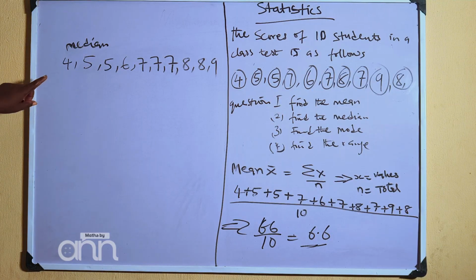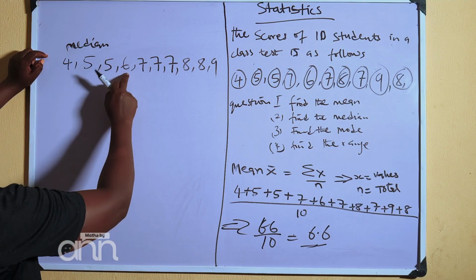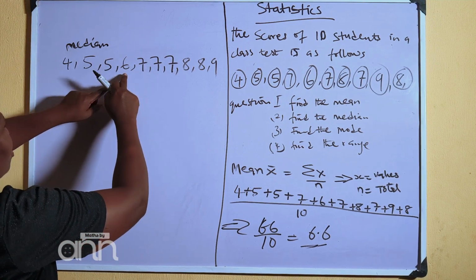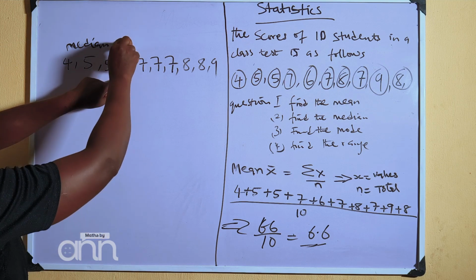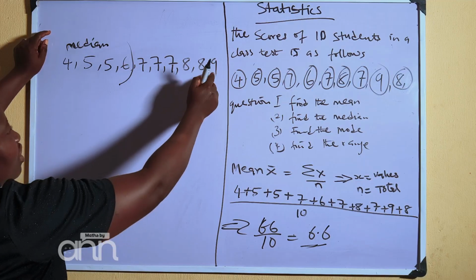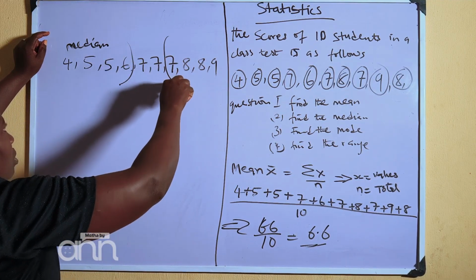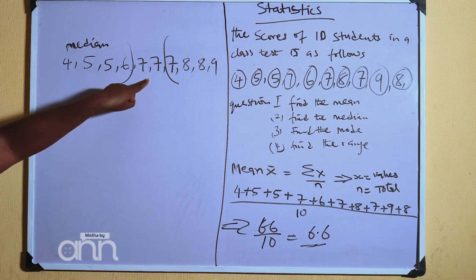Now, let's start counting and see whether we are going to get the middle number. 1, 2, 3, 4, 5. Stop at 5. Bracket it. Start from the back. 1, 2, 3, 4. We have 2 middle numbers.